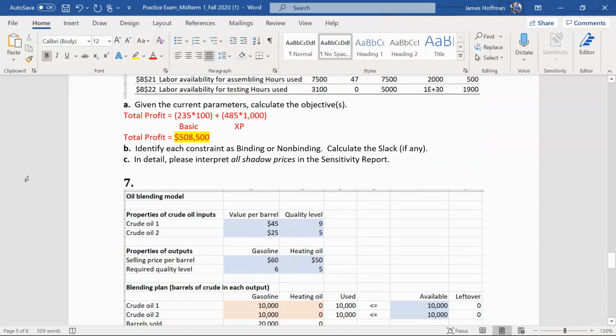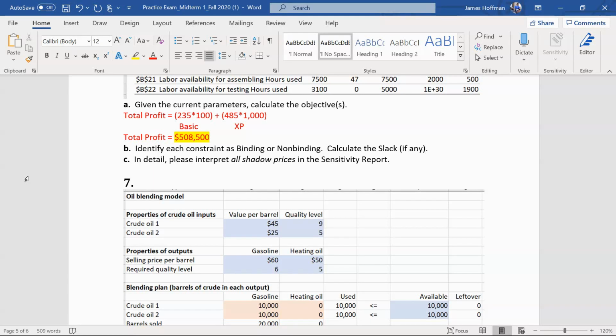Then part B, identify each constraint as binding or non-binding and calculate the slack, if any. So you just have to list the constraints, determine if each is binding or non-binding, and if it's non-binding, calculate the slack.